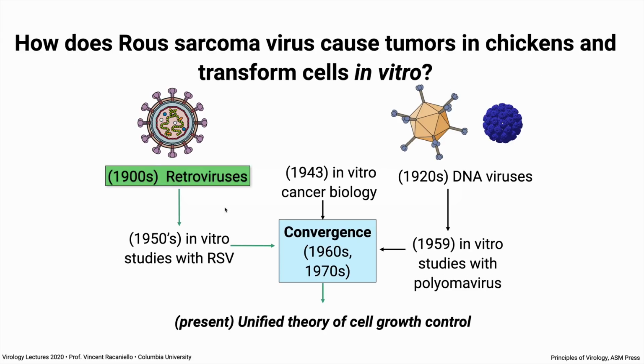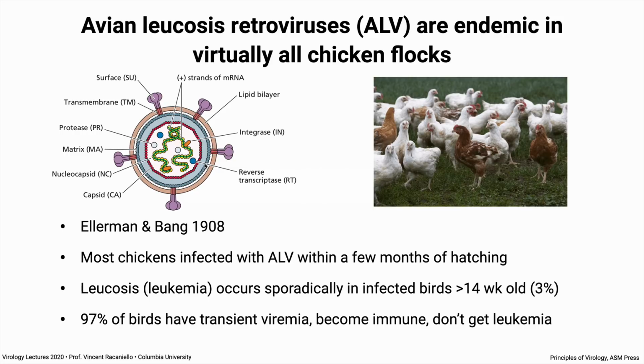So let's start with the retrovirus part. How does Rous sarcoma virus cause tumors in chickens and transform cells in vitro? And let's talk a little bit about Rous sarcoma virus. It turns out that its predecessor, Avian leucosis viruses, these are endemic in virtually all chicken flocks in the world.